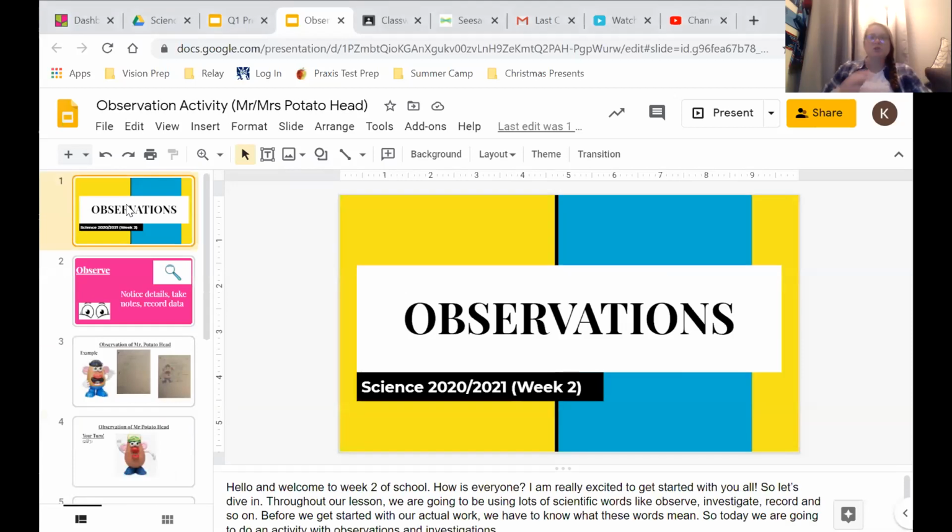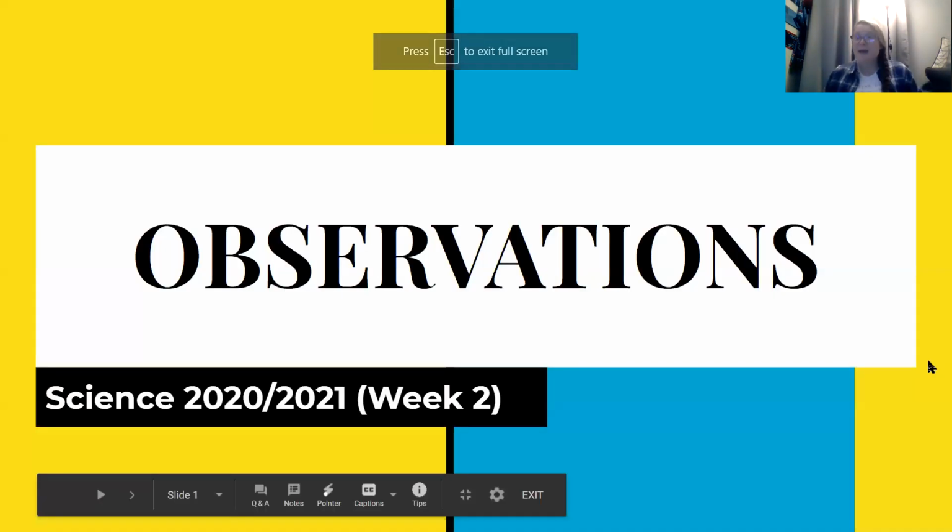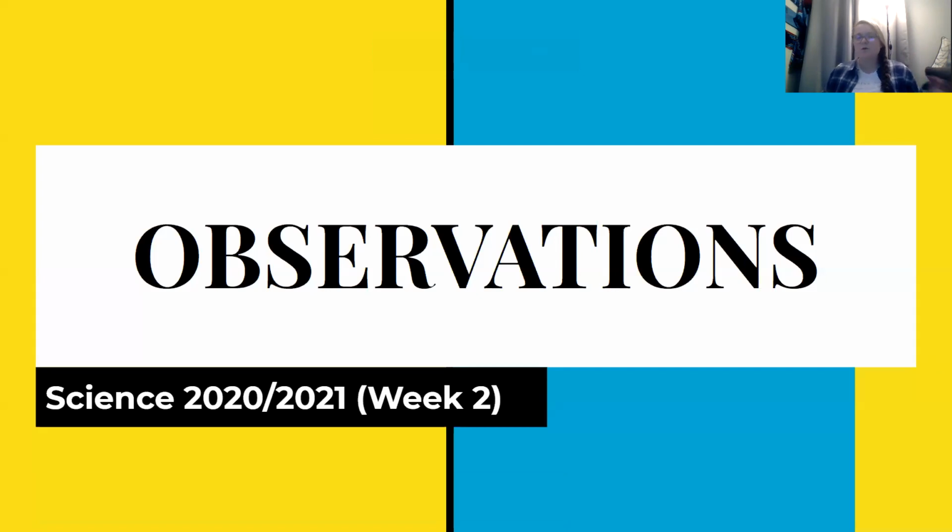All right, so this is the PowerPoint we went over on our live lesson. You may have just watched the video of it, so it should be fresh in your brain. So this is what we're doing today. We are comparing and contrasting two different Mr. Potato Heads, okay? So last class, you drew and labeled a Mr. Potato Head, okay?